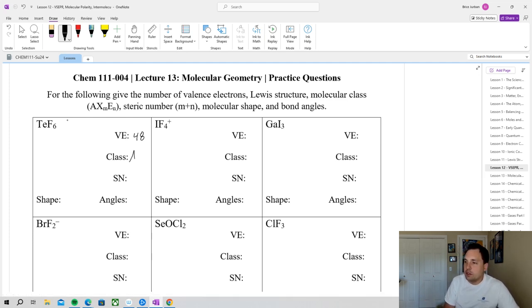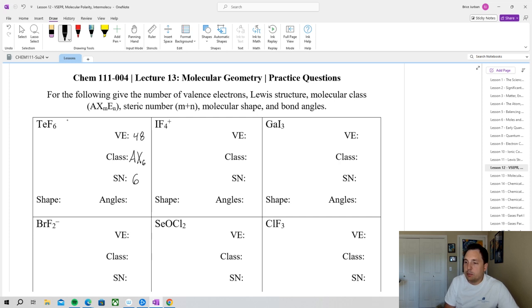Now this class is going to be, the class number is the X notation. So this will be an AX6 class because there's already 6 atoms, and I'm not going to give you any exceptions like the AX7 and so on. So it would have to be AX6. The steric number is just the M plus the N. So that would be 6 in this case.